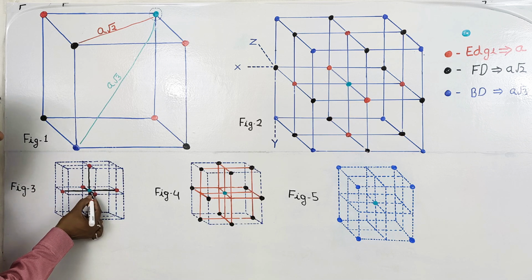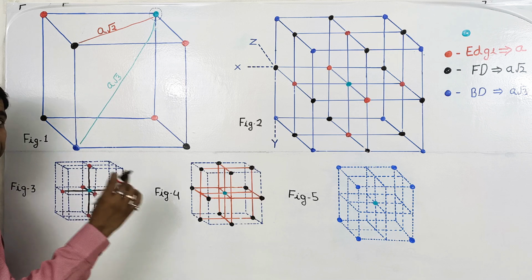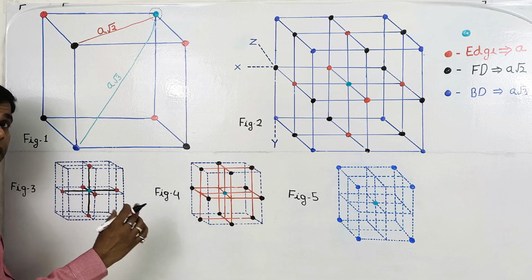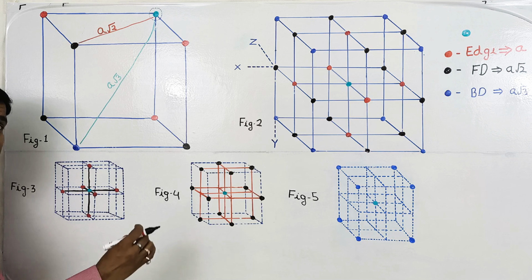So this green reference particle is surrounded by 6 red particles at the distance of A.